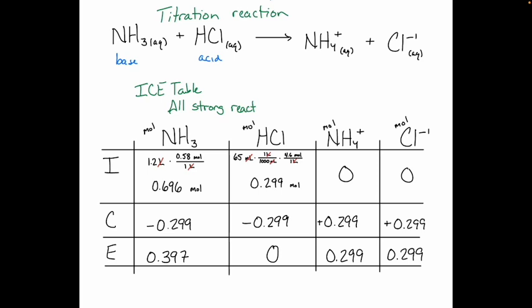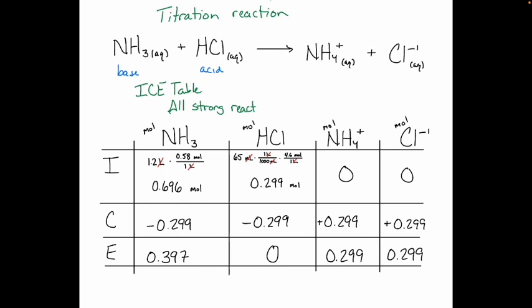So let's take a look at what we're left with here at equilibrium. I have some of my weak base left over, none of my strong acid. I have some of that conjugate acid on the product side, and then my chloride ion. So that's the mixture that I'm left with after this reaction reaches equilibrium.